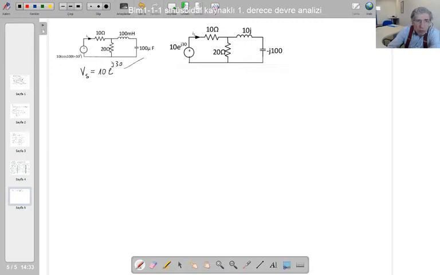So this is the frequency domain circuit, omega domain, let's say. This is the time domain circuit. So this is given to us in the exam. This will be given to you, and then you're going to transfer this circuit to this one, of course.